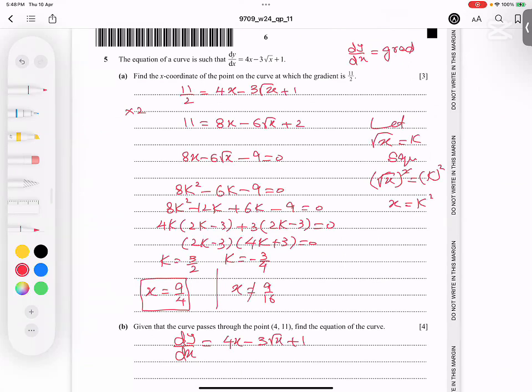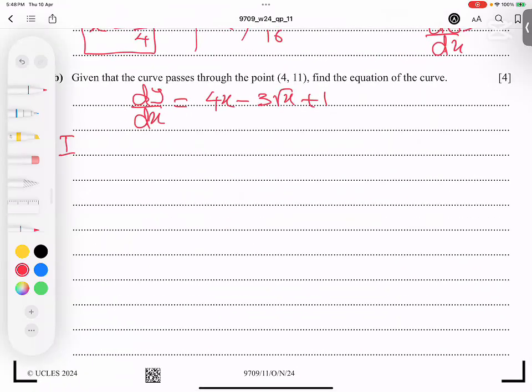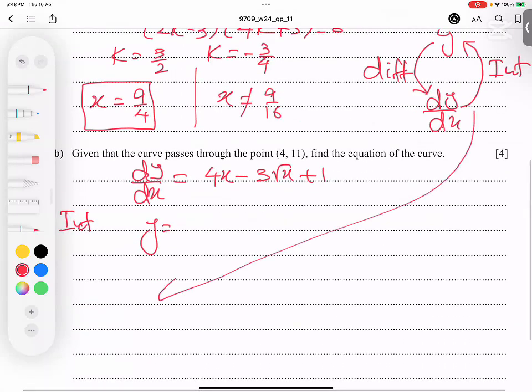One thing is very clear: when you differentiate, you get dy over dx, and when we want to go backwards, we have to integrate. This is the reverse process. When I integrate both sides, I get y directly.